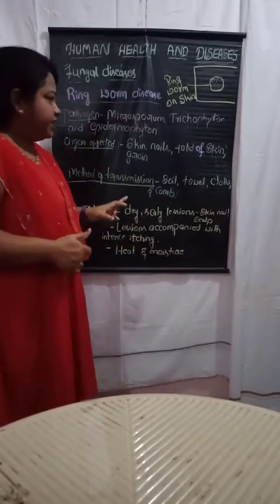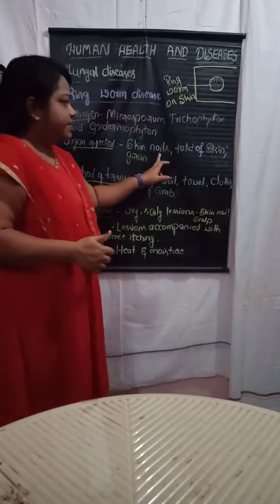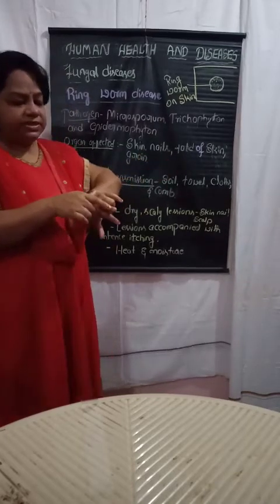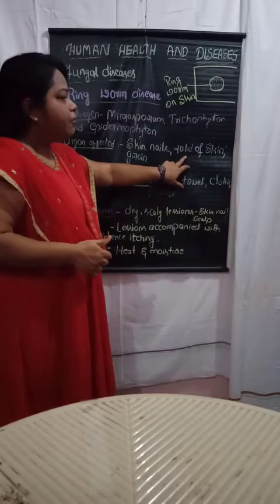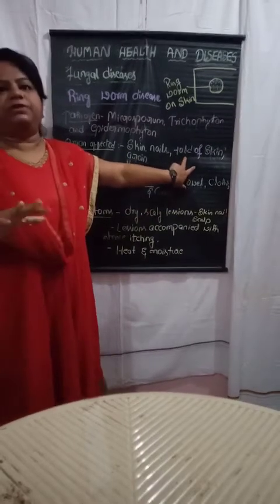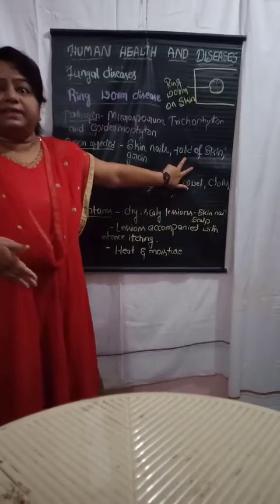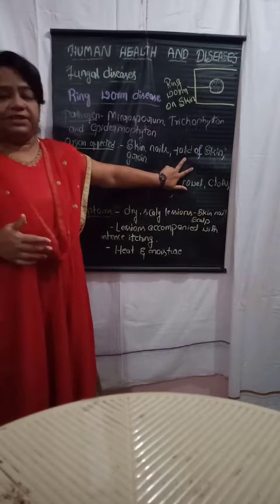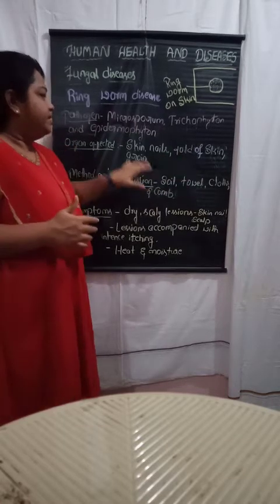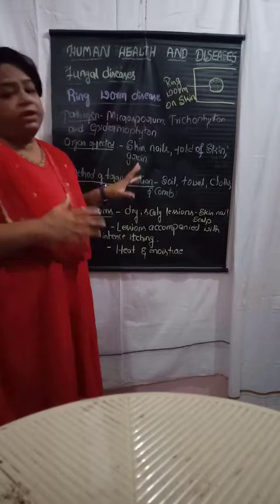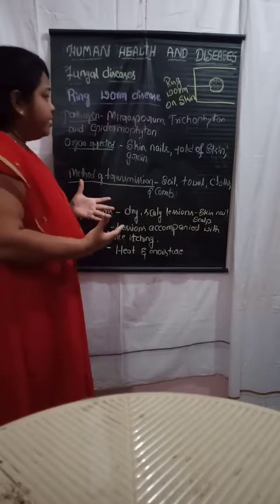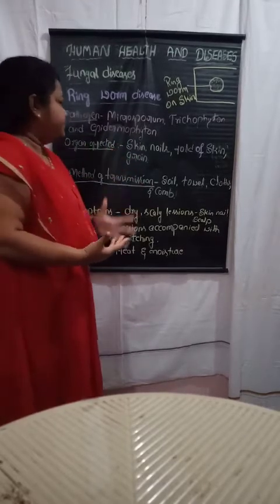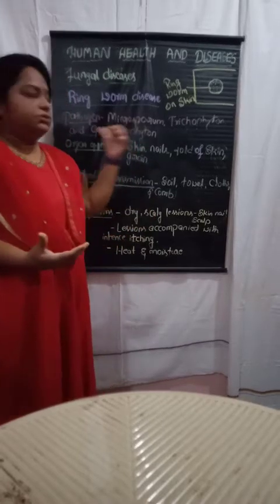Also the nails, and the folds of the skin. Wherever there is a fold of the skin, like between the thighs, and also the groin, this area starts getting affected.